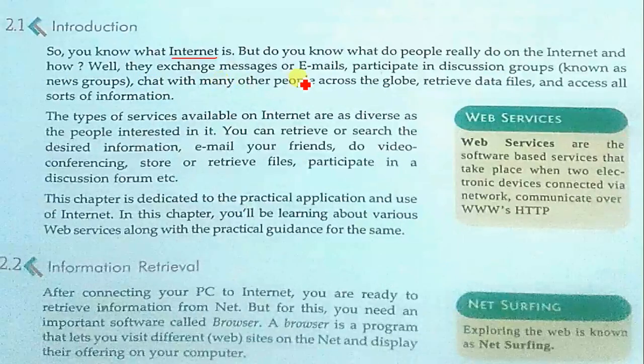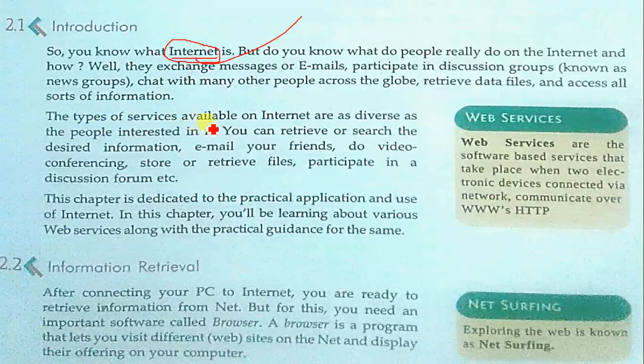Well, people exchange messages in the form of email, participate in discussion groups known as newsgroups, chat with many other people across the globe, retrieve data files, and access all sorts of information. These are the tasks which we are doing nowadays by using the internet.